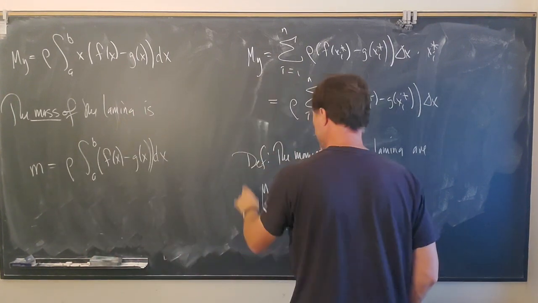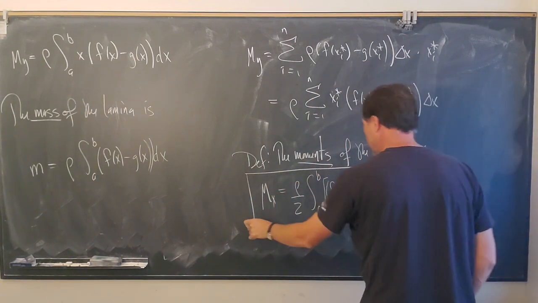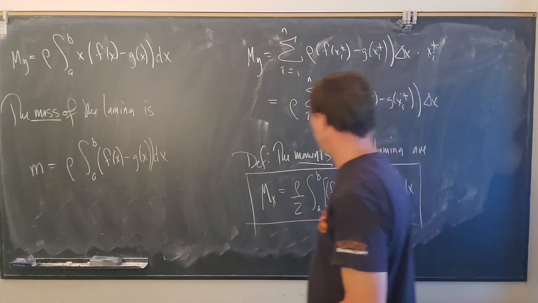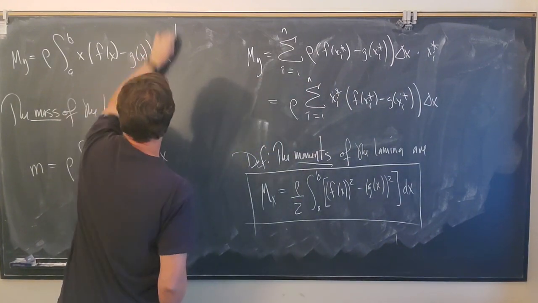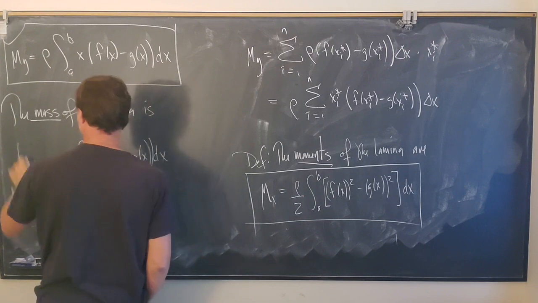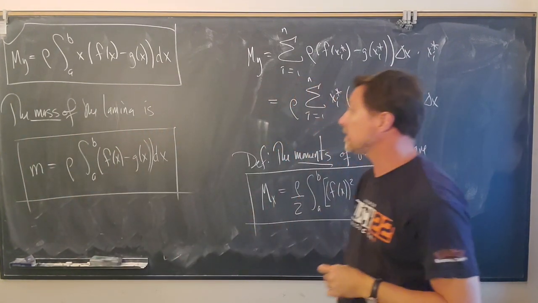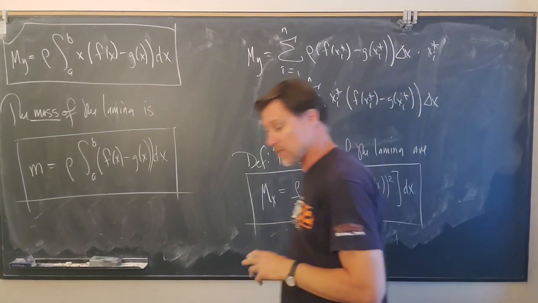So we've got three formulas that we will need in order to compute the center of mass. We need the moment about the x-axis, the moment about the y-axis, and then the mass. Once you have those three quantities, then we can define the center of mass of the lamina.